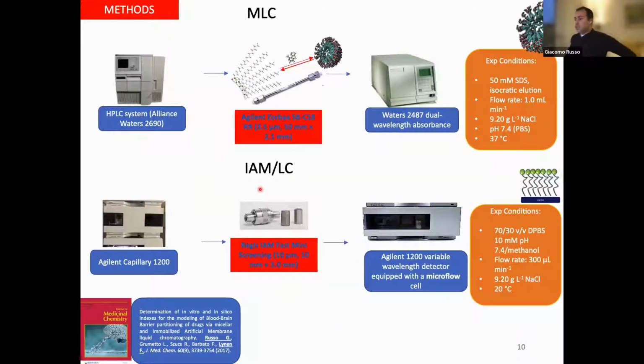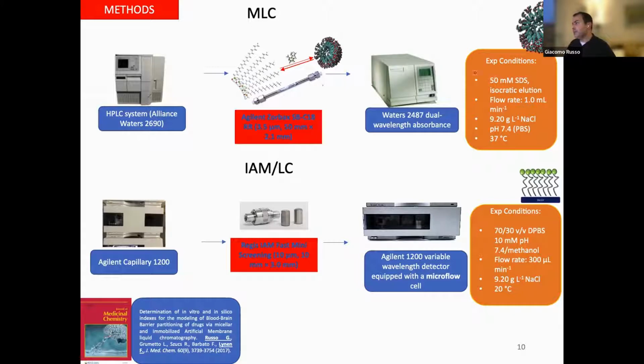What did we do in terms of the method? We tried to miniaturize as much as we could to have a reduced consumption of mobile phase and also faster operational times. So for the micellar liquid chromatography, we used a hydrophobic C18 reversed phase, a quite short format with 3.5 micrometer particle size.